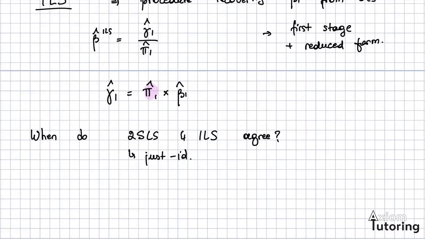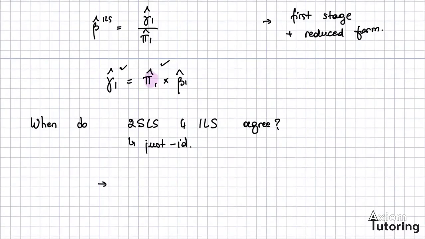They are mathematically identical in this case, and ILS is simply a more transparent way of presenting 2SLS, showing the two building blocks explicitly. This is why presenting sometimes gamma 1 hat and theta 1 hat alongside your IV estimate is considered good practice. So it shows exactly where the estimates come from and makes the IV logic completely visible.